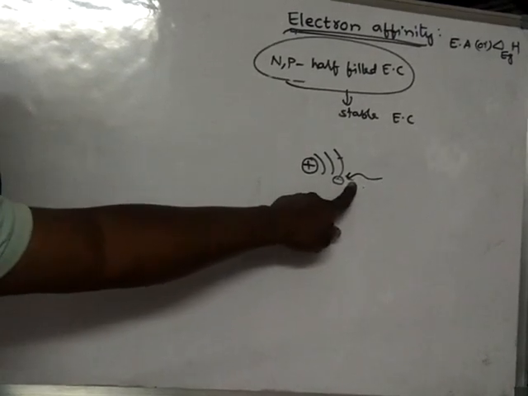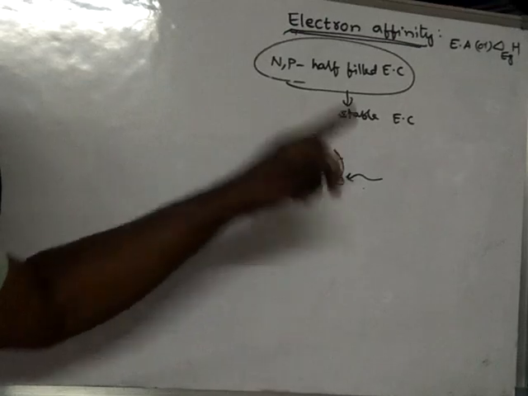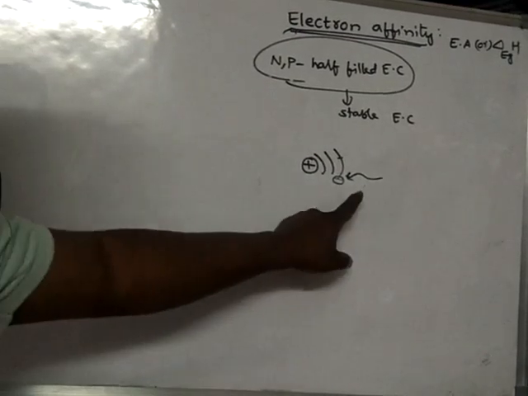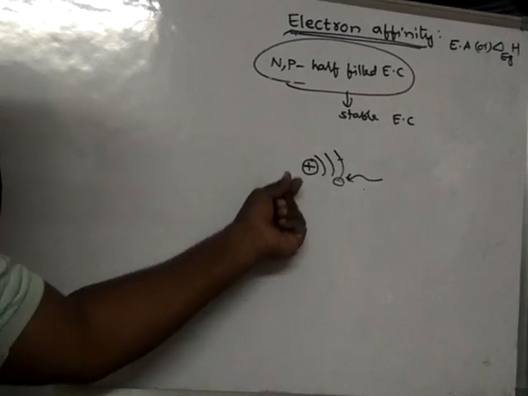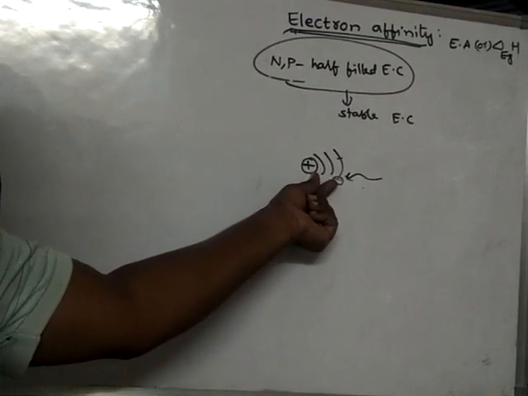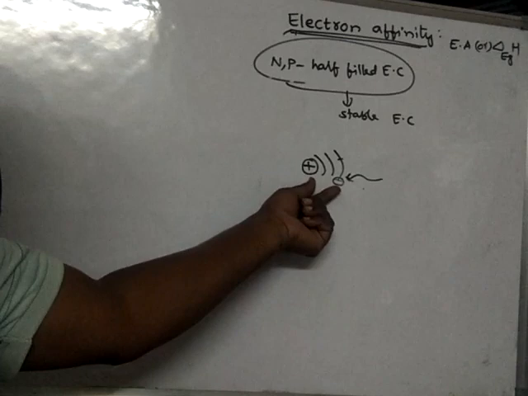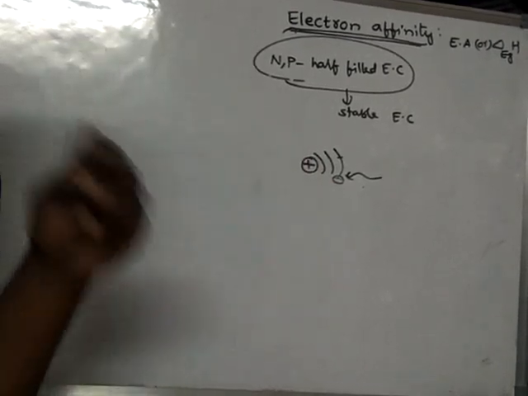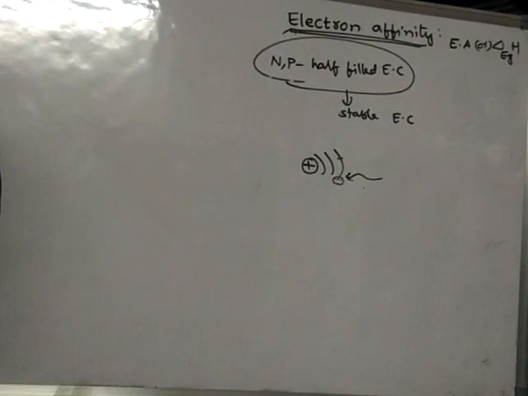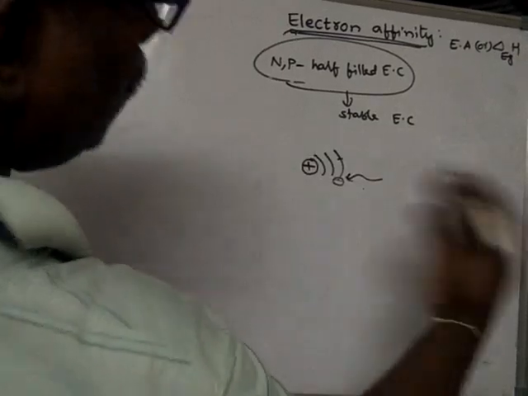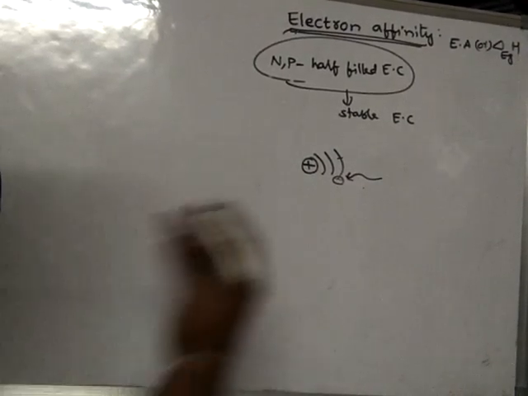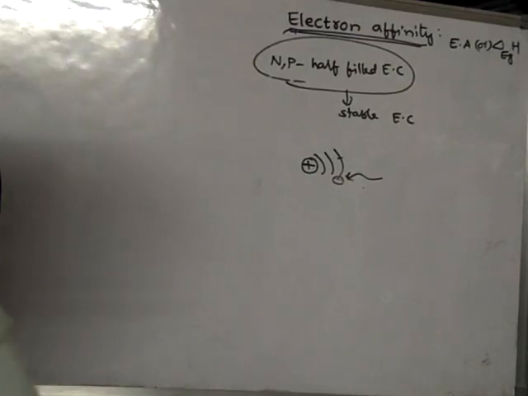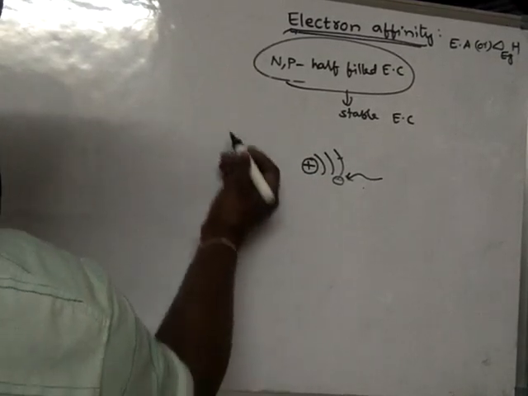The supplied energy will be greater than the energy lost by that atom, that means the energy absorbed by the atom is greater than the energy lost due to the force of attraction between the nucleus and the electron. So as a whole, there will be a gain of energy by the atom, though it is the first electron affinity also.